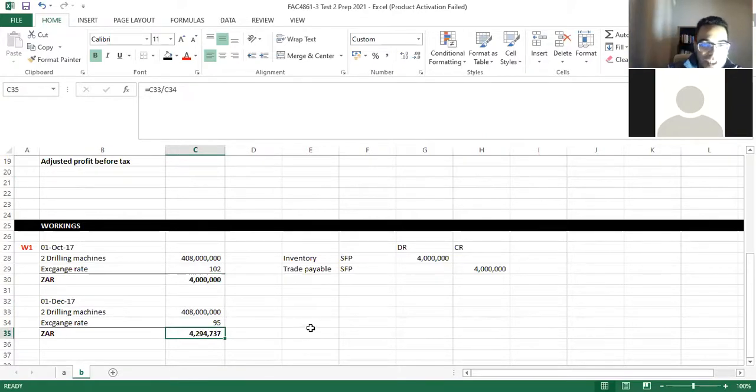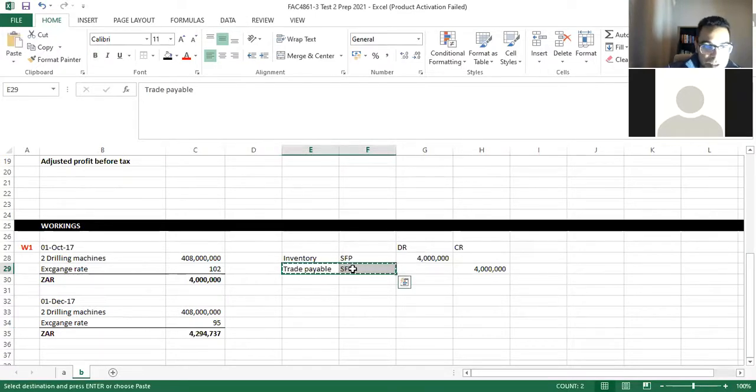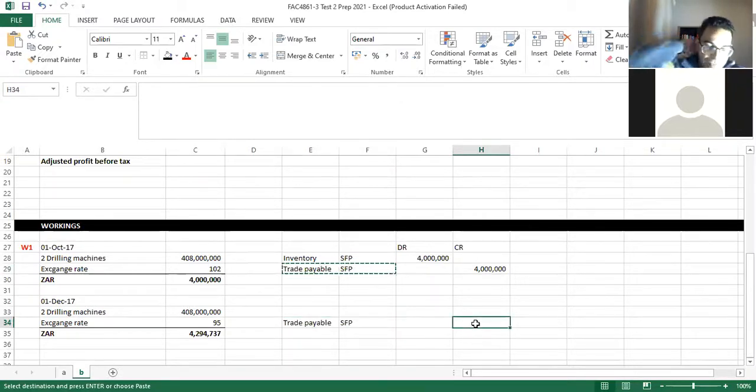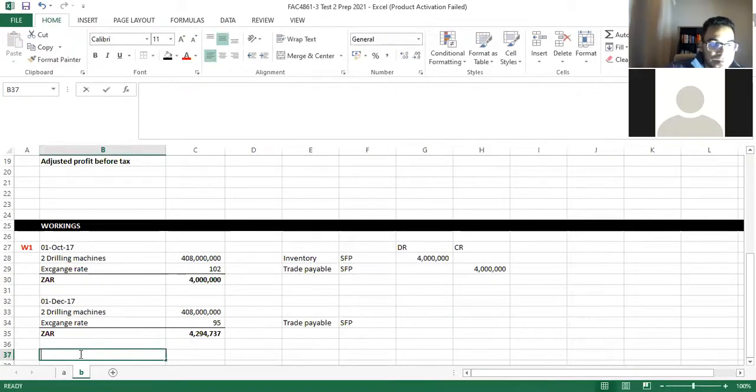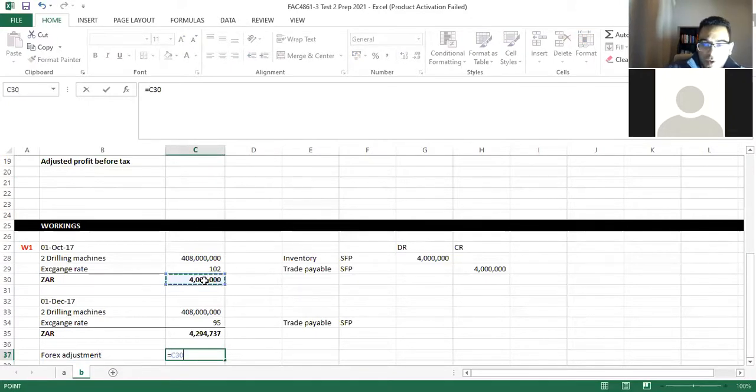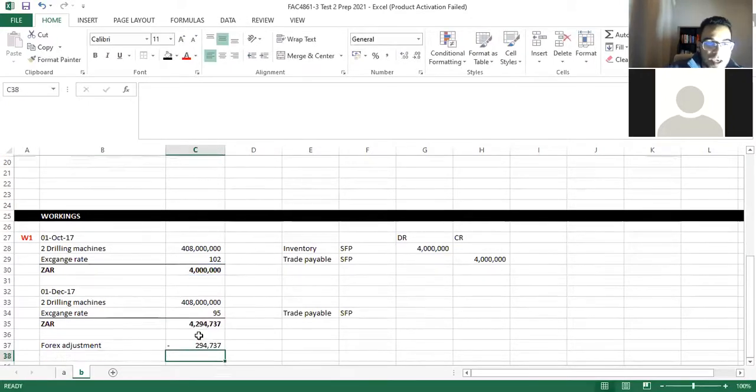So what's happening? Trade payables is increasing. Trade payables is a liability, and a liability increases on the credit side. So the difference, the forex adjustment, is equal to the latest amount minus the old amount.